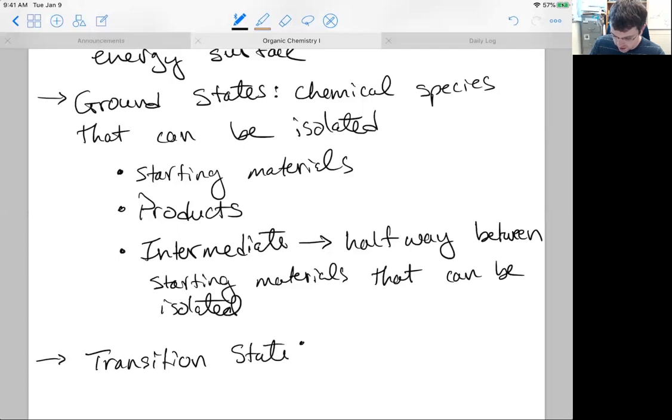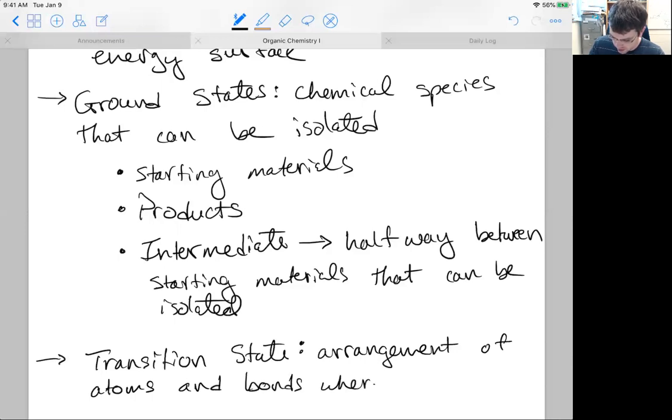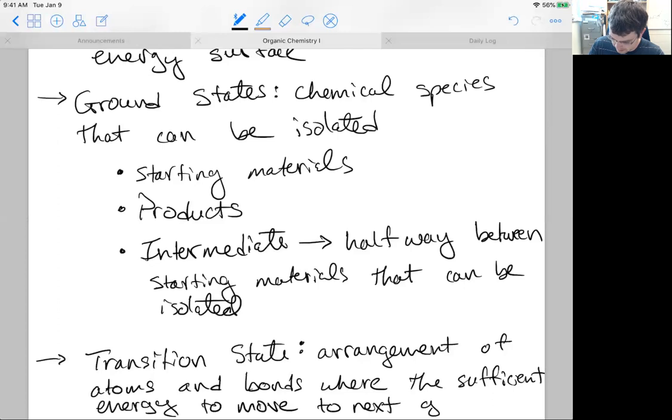The transition state, maybe a little bit more precise about this definition: this is the arrangement of atoms and bonds where the system has sufficient energy to move to the next ground state.